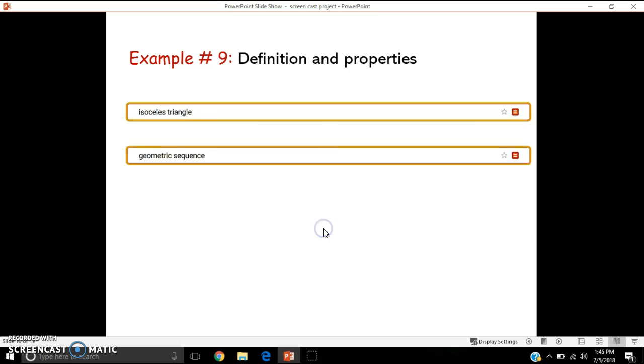I can also use Wolfram to find mathematical definitions or properties. For example, I can type isosceles triangle to find its properties, or I can also write geometric sequence to explore everything about it, like its infinite or partial sum, whether it converges or not, or any other stuff.